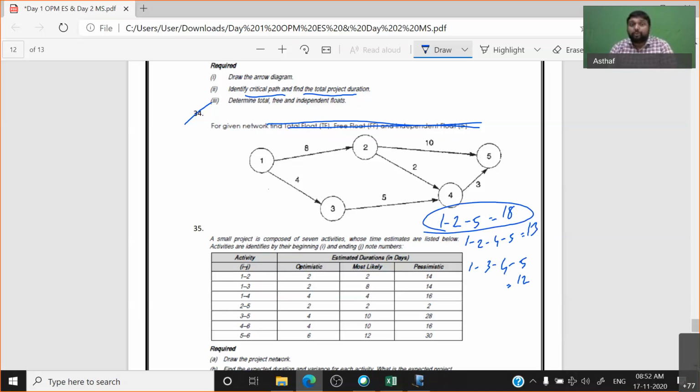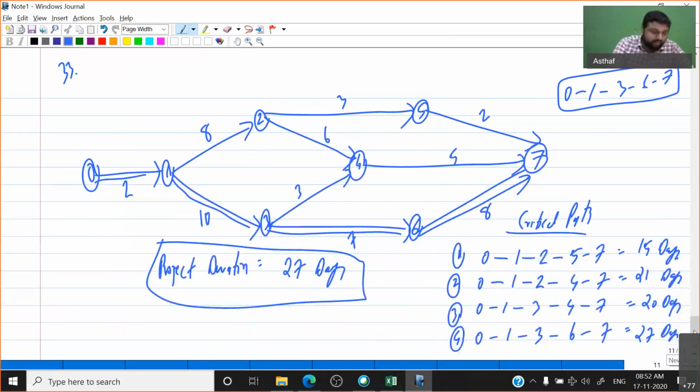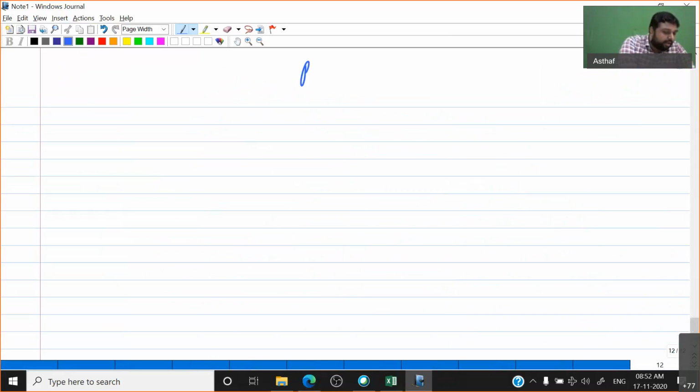Now we will approach PERT. PERT stands for Program Evaluation Review Technique.